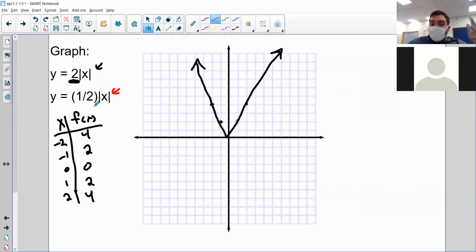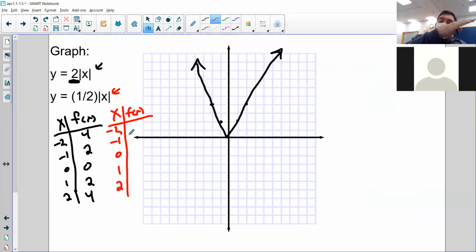Next one, I'll do in red. It's a half of the absolute value function. So in this one, it's raising slower. Because it raises slower, it takes longer to go up. So it's kind of getting flattened or shrunken or wider, however you want to use the verbiage.